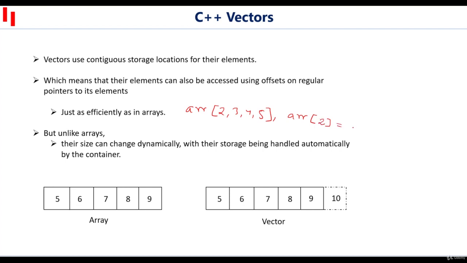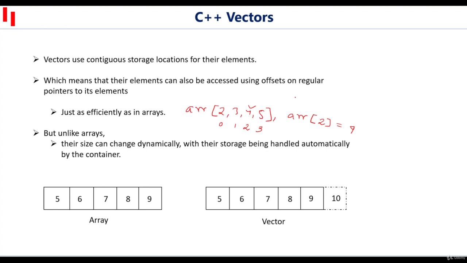This element is the 0th element, this is the first element, this is the second, and this is the third element. So ARR[2] will be 4. Similar to this way of accessing array elements, we can do it with vectors as well.